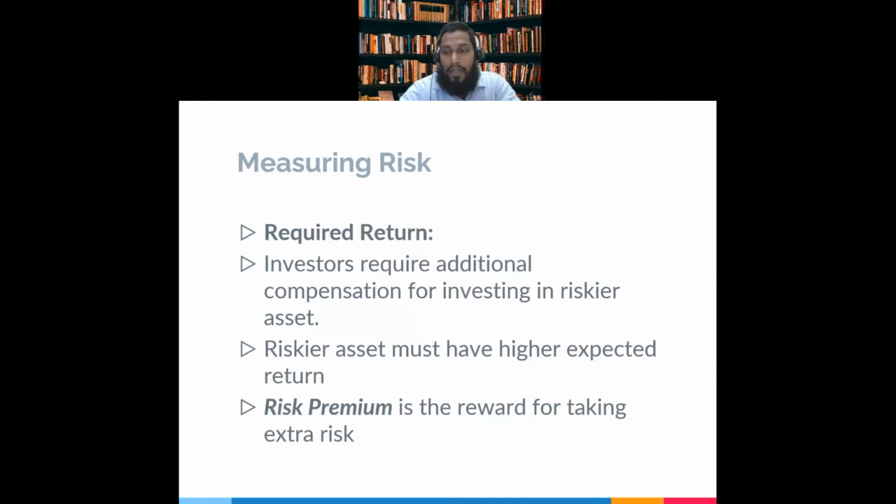expected return. Let's say, as an example, if we invest in a utility company, for example, in the context of Malaysia, if we invest in Tenaga, it is a utility company and it is a big company. The risk is lower, so they may not give us a very attractive return.